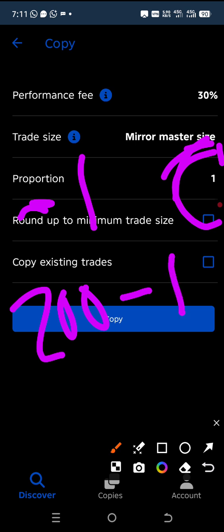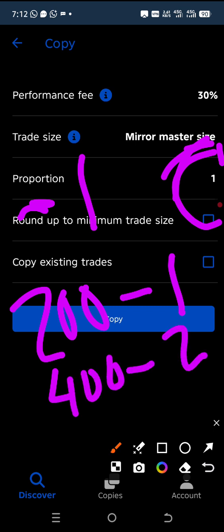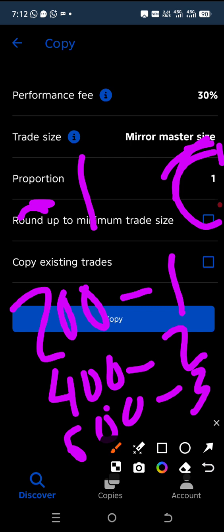That is the size. So if you have 400, you make it 2. If you have 600, you make it 3, and so on. This makes it more reasonable, with less worry. But this is a very low risk acceptance, you understand.